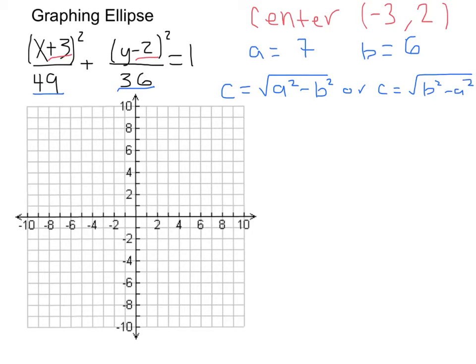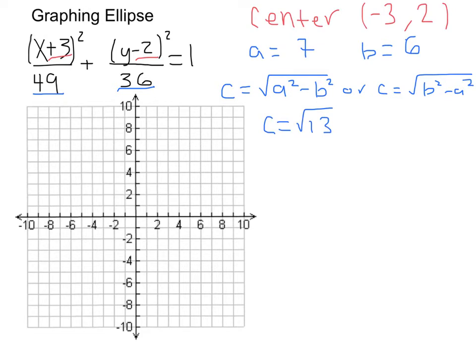And you determine which one you're going to use by checking the a and b values. So you want whatever's underneath the square root to be positive. So in that situation, we are going to use this equation because a is the bigger number. So then c is going to be the difference between the squares. So 49 minus 36 gives us 13.